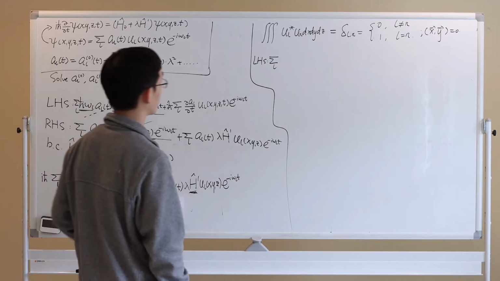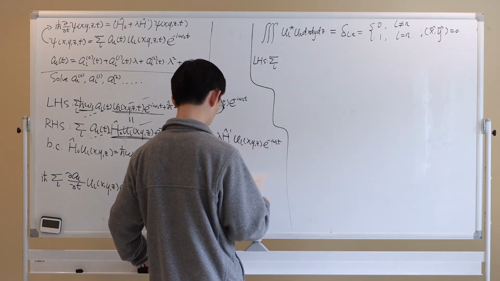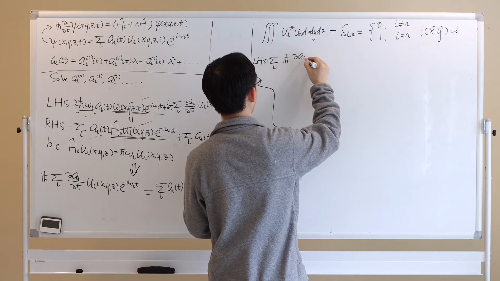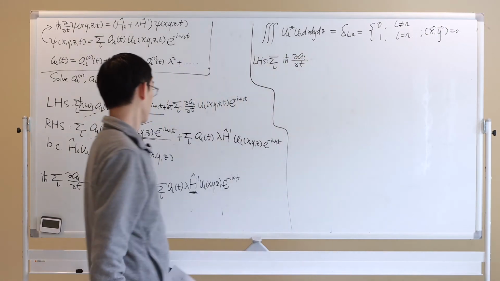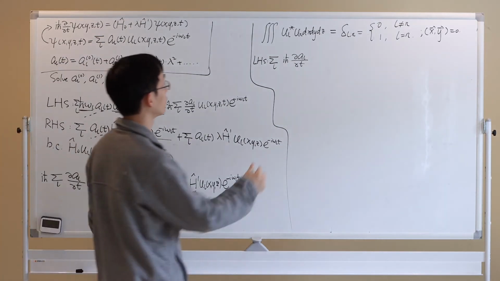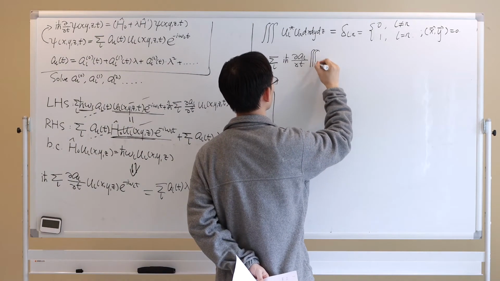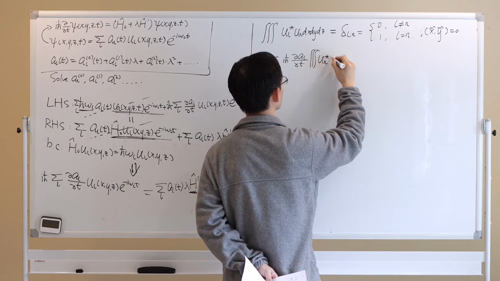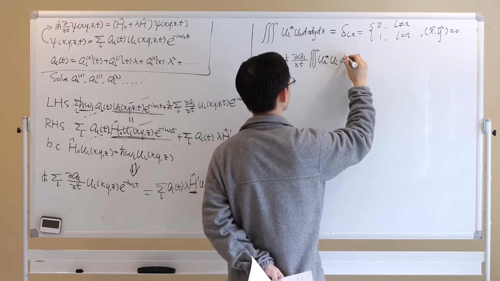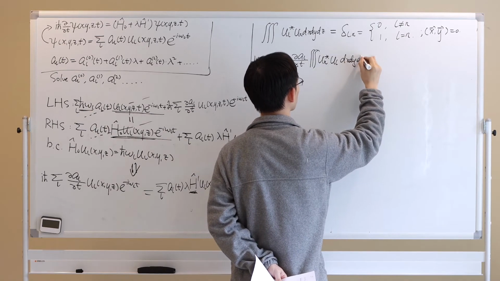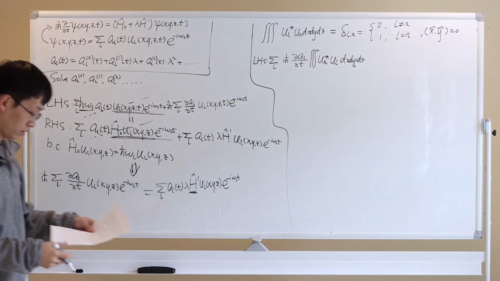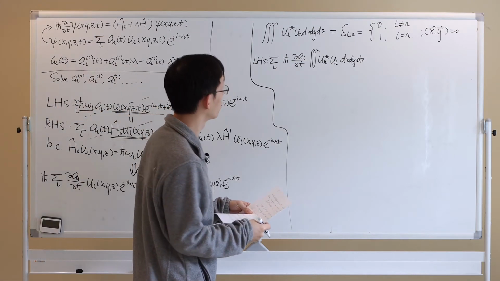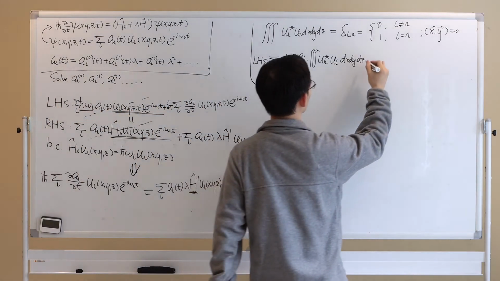Okay, there's iħ here. So you have iħ, differential here, and then integration of u_n u_l dx dy dz. Okay, you apply, and then there's the time coefficient here.